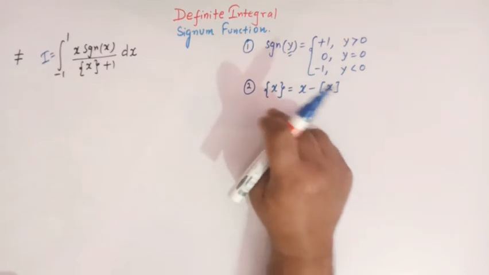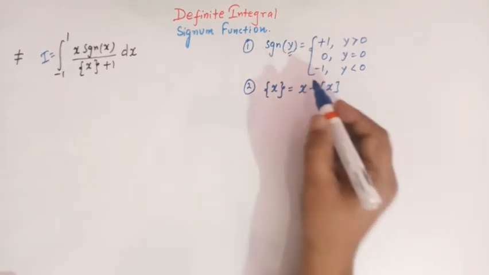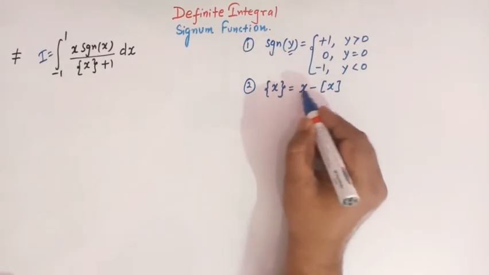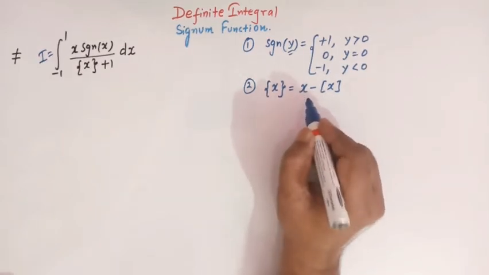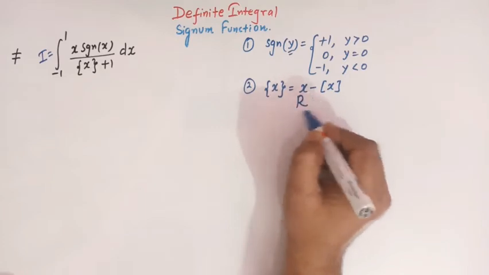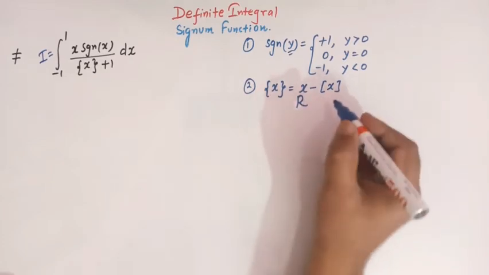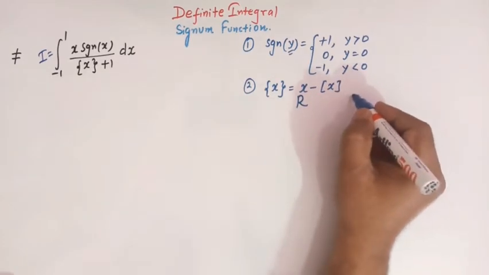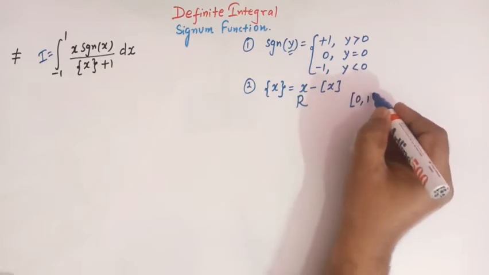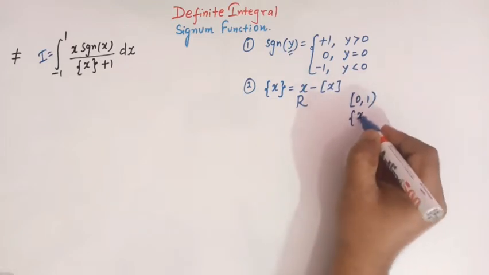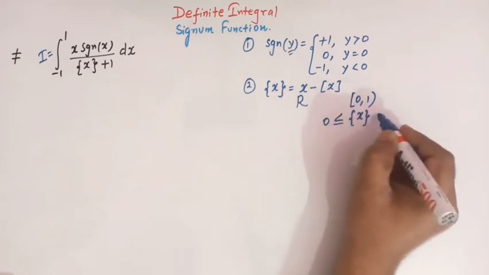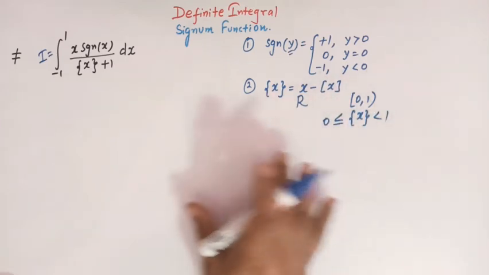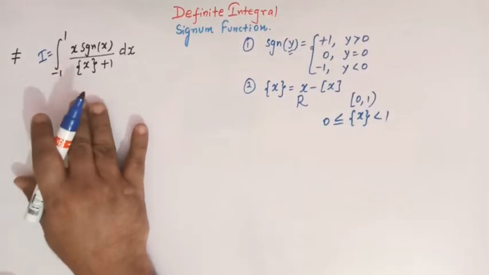Here we must note that the domain of the fractional part function is the set of all real numbers, but the range is from 0 to 1, which means the fractional part of x must lie between 0 and 1. Now let us proceed further.